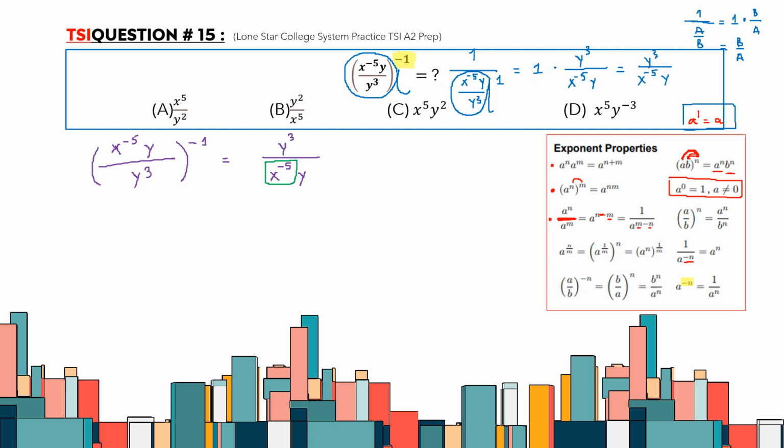You see in the exponent properties, the green parts right here, we have 1. We can rewrite it separately as 1 over x to the power of negative 5, multiplied by y cubed over y.